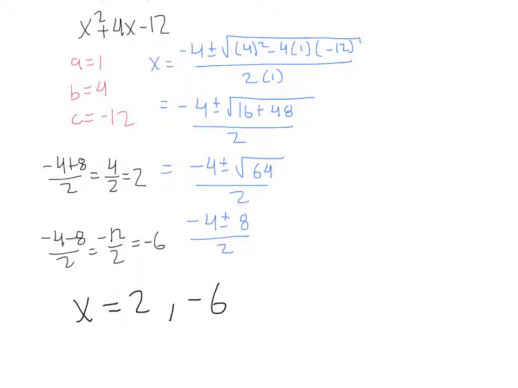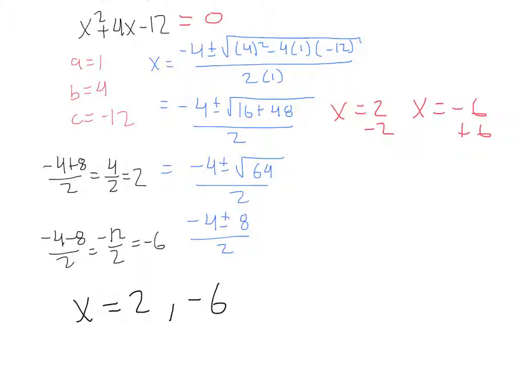So if we were solving for it, so if this problem had said equals 0, and we want to solve for x, we just solve for x. But if we're just trying to factor it, then what we actually need to do is set both of these, x equals 2, x equals negative 6, and get them on the same side.